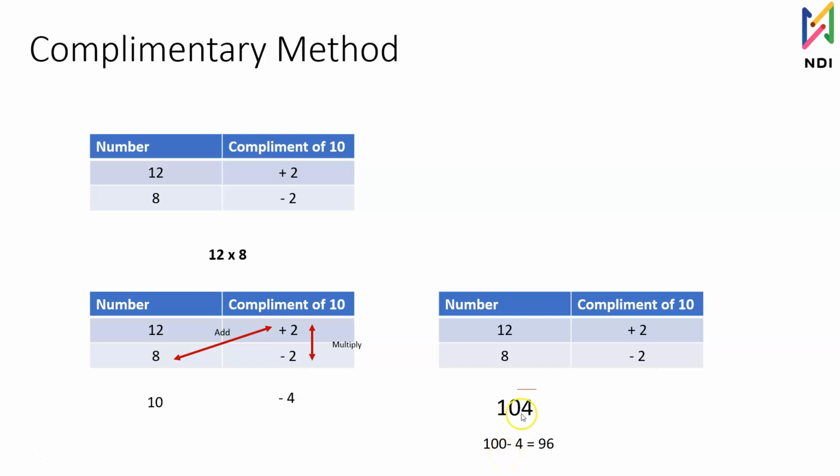This is 100 plus minus 4, right? I am representing this minus 4 as 4 bar, right? I'm just putting a bar above this 4, indicating that this 4 must be subtracted, right? Remember, this is going to be a 2-digit number, right? So it becomes 100 minus 4, and I will have the answer as 96, right?